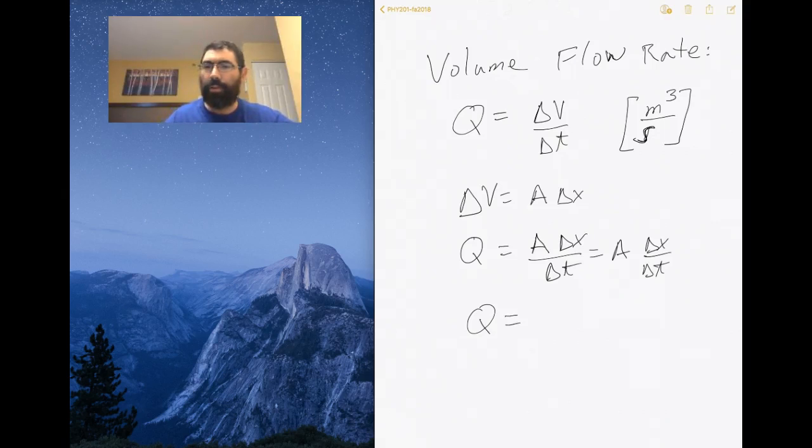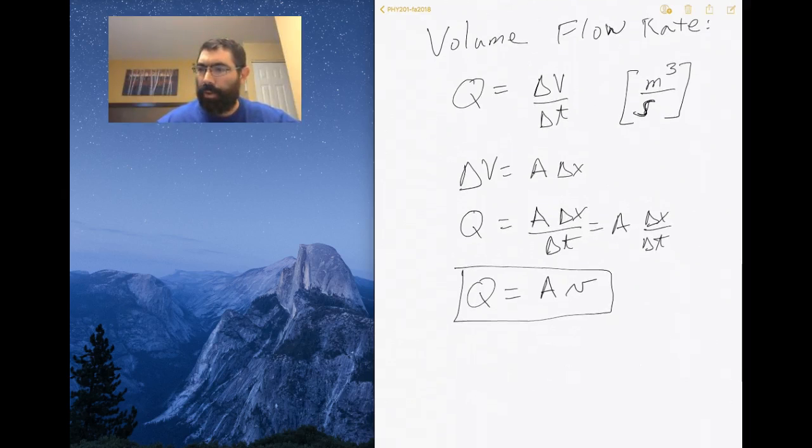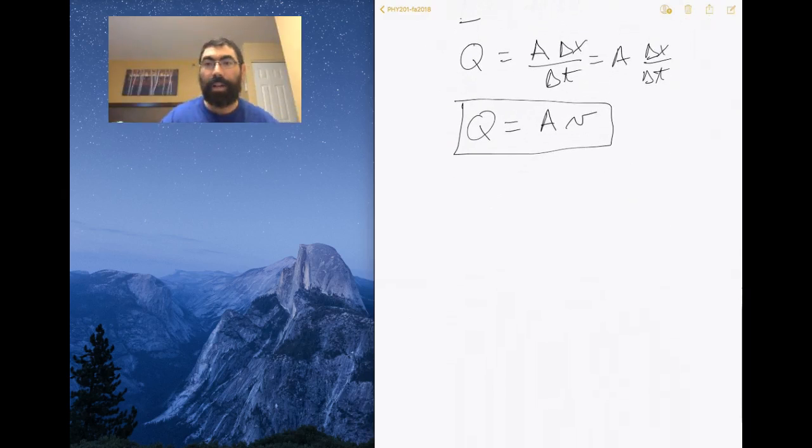So my volume flow rate, Q, I can write as the area times the velocity. So now I can write my continuity equation as either A1 V1 is equal to A2 V2, or I can write it as the volume flow rate 1 has to be equal to the volume flow rate 2.